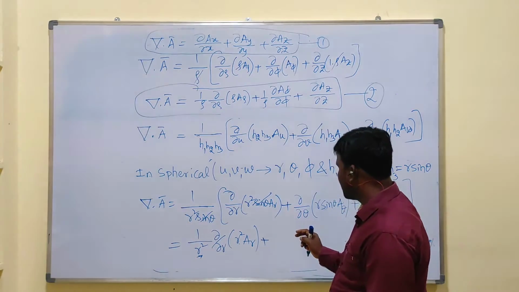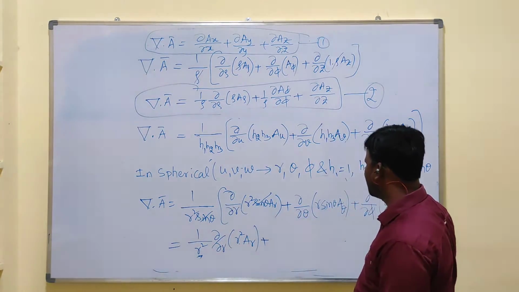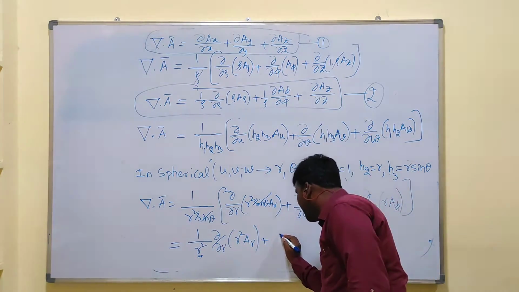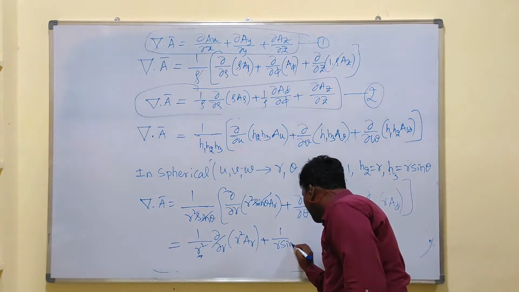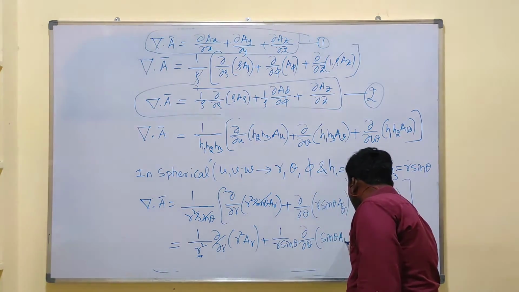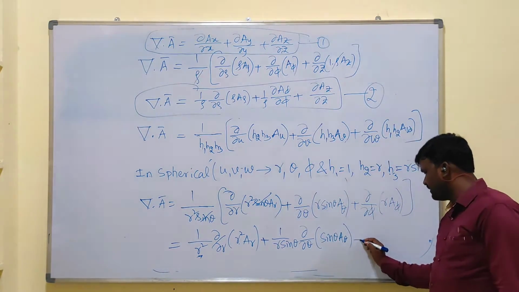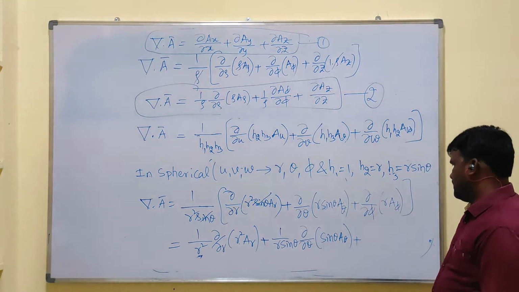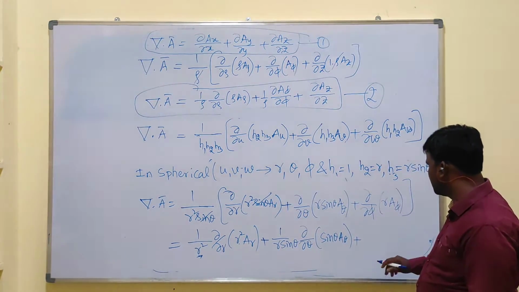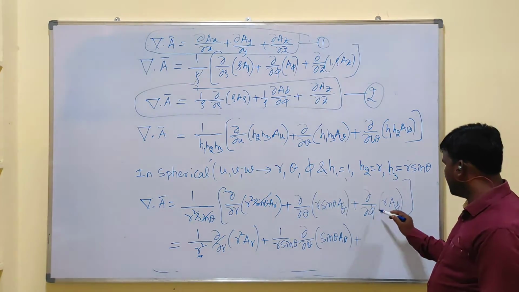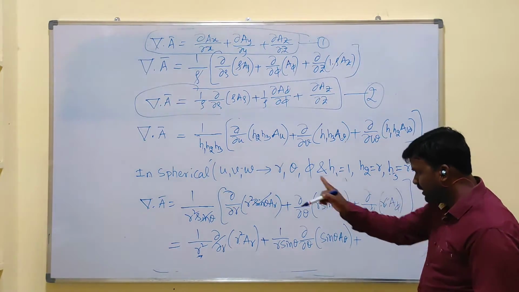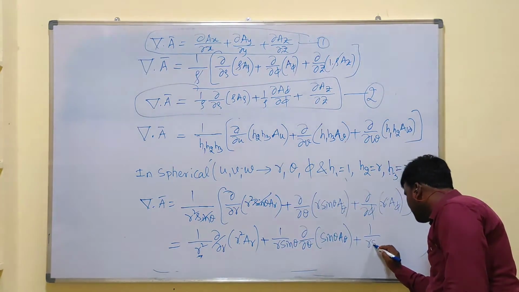next here we can go for what? 1 by R square sin theta. With respect to theta means R is constant. R by R square sin theta means 1 by R sin theta ∂/∂theta of sin theta A theta, plus, of course, here again differentiation with respect to phi, 1 by R square sin theta times R, which is again 1 by R sin theta.